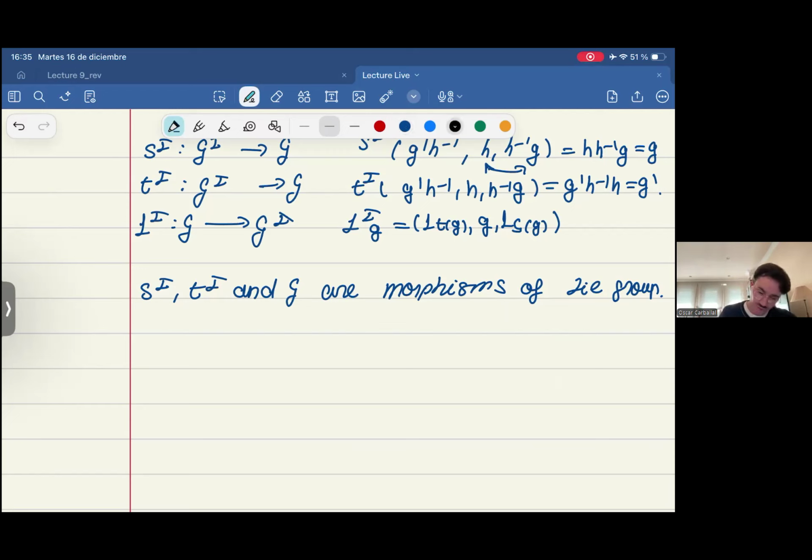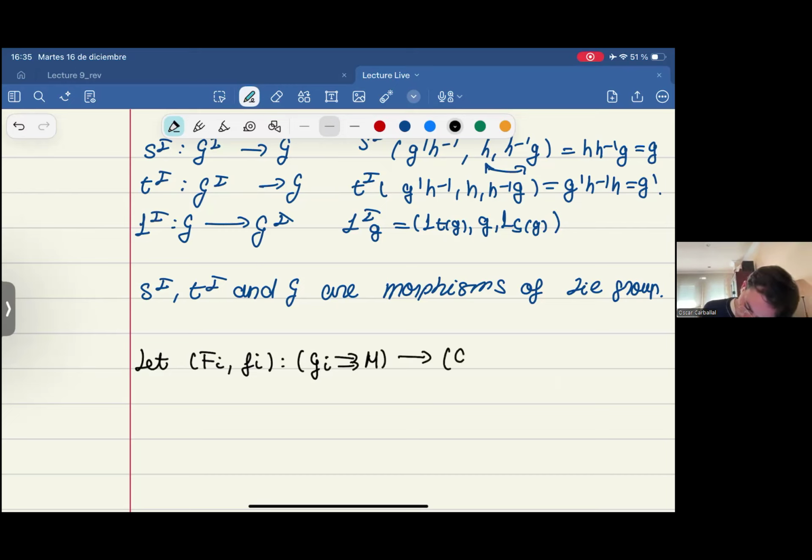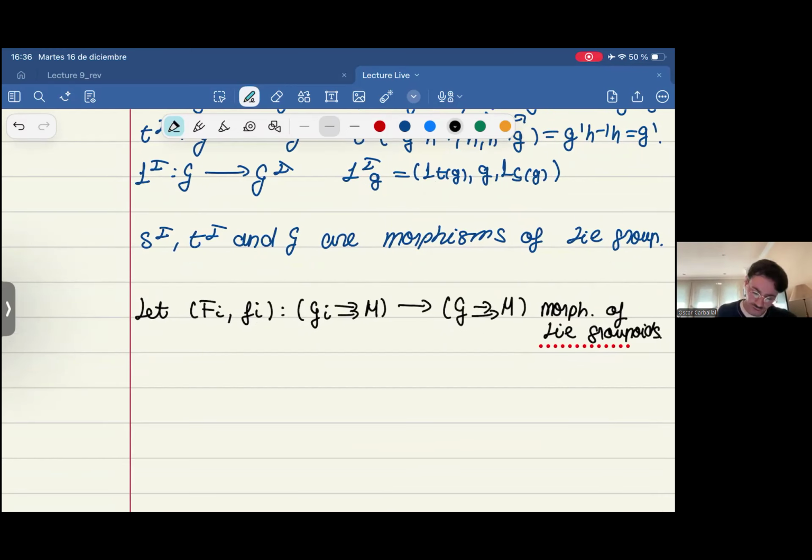So now, in general, let us consider two Lie groupoids and two morphisms, as in the case of fiber products: two morphisms of Lie groupoids over a Lie groupoid G over N. As we said before, if the capital Fs induce good pullbacks, the small f's also induce good pullbacks.